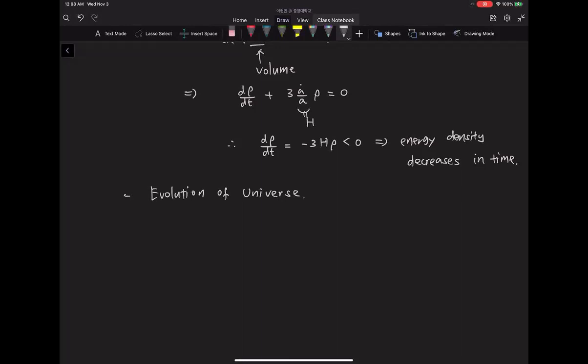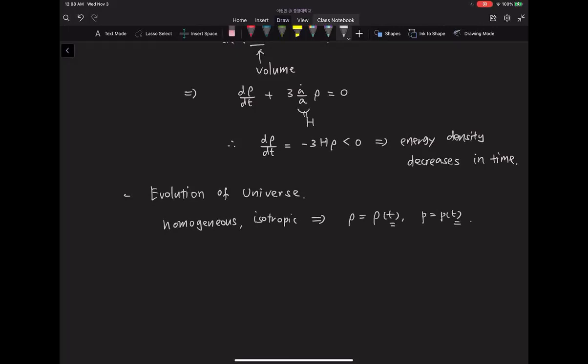And since we are considering a homogeneous and isotropic universe, the energy density and pressure depend on time only.